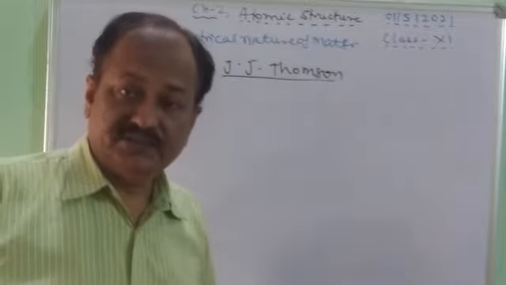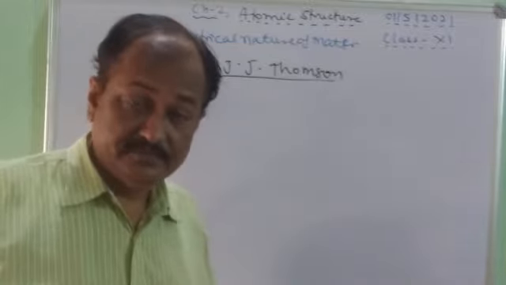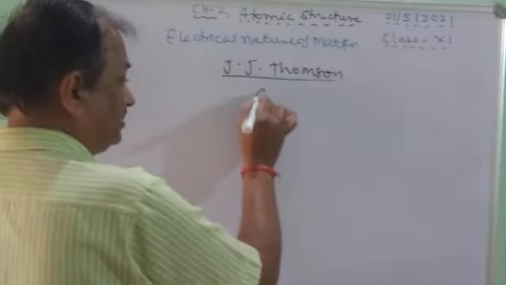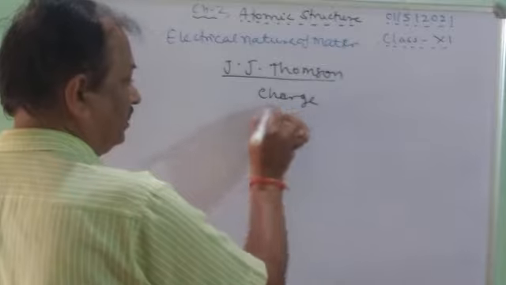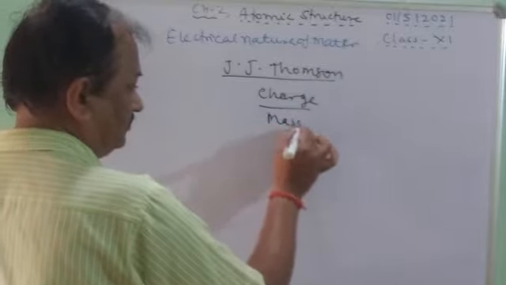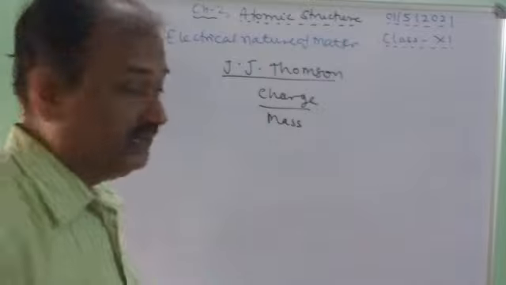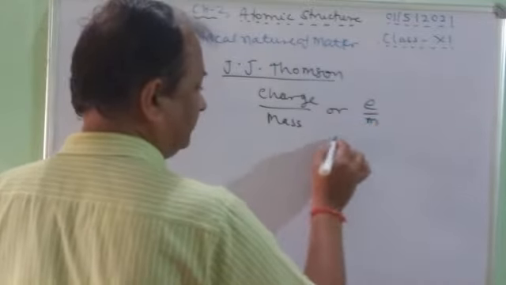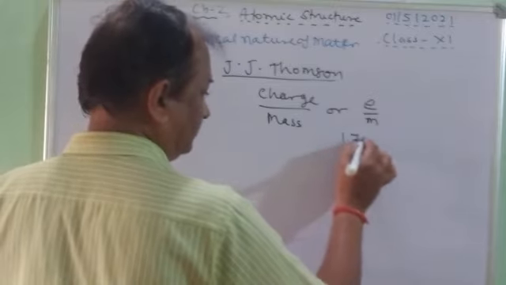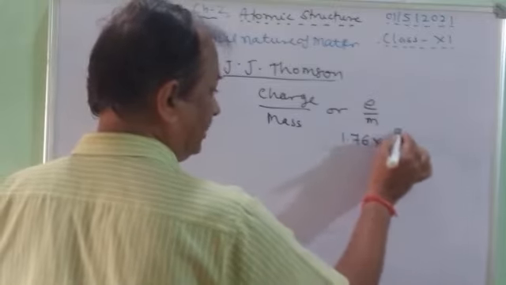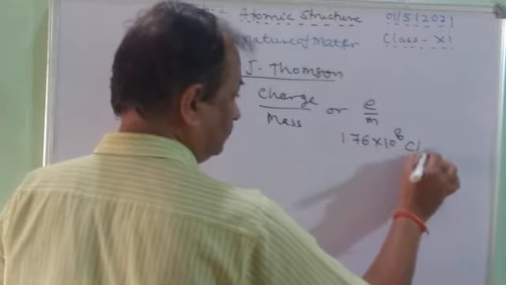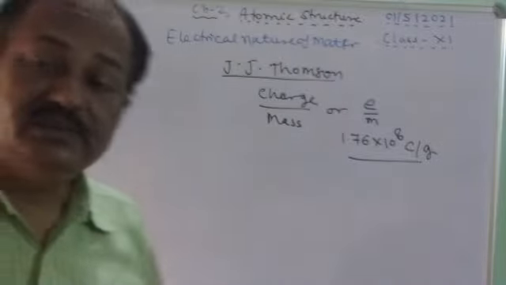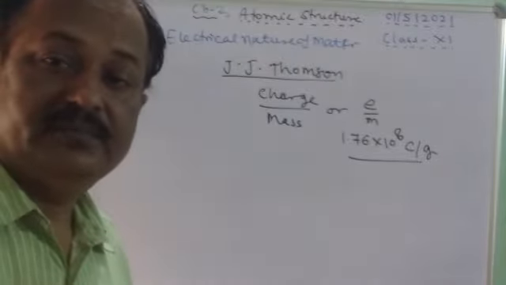Using the discharge tube he made, he found the charge to mass ratio, or e/m ratio, to be 1.76 × 10^8 coulomb per gram.